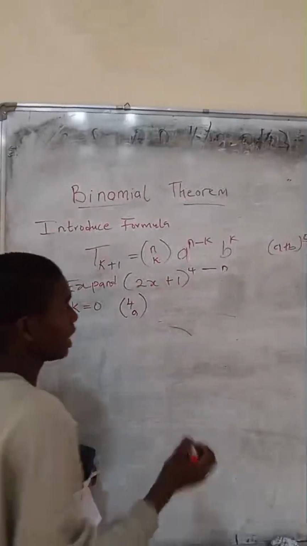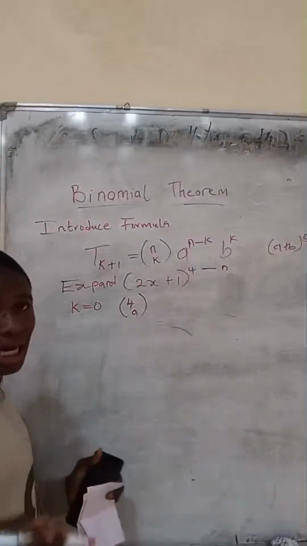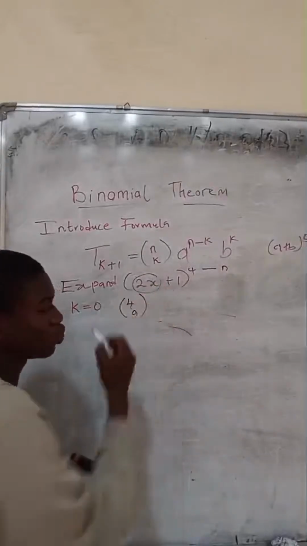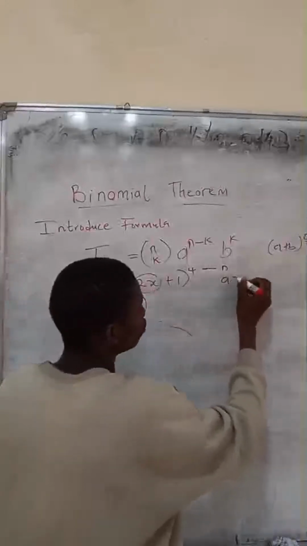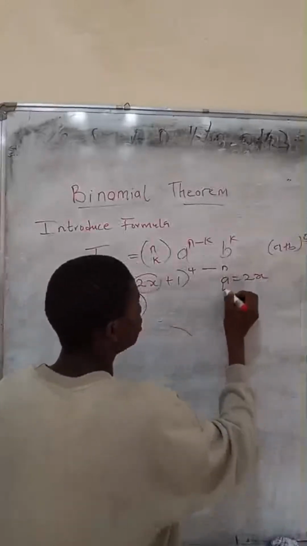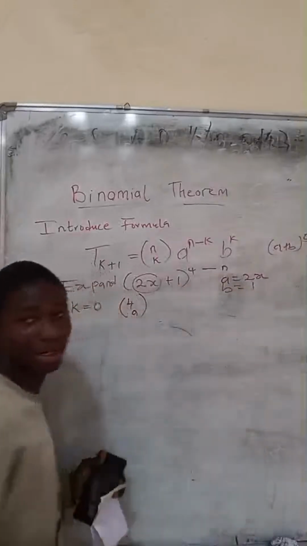Close my bracket. Then I'm having my a. Now this a is talking about the first term, which is 2x. Then my b is going to be the second term, which is 1.